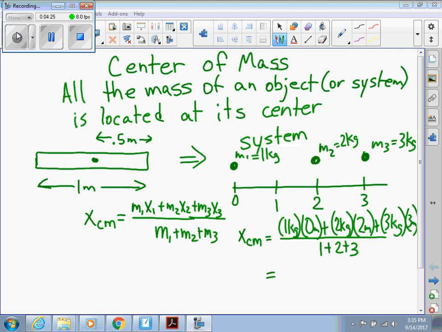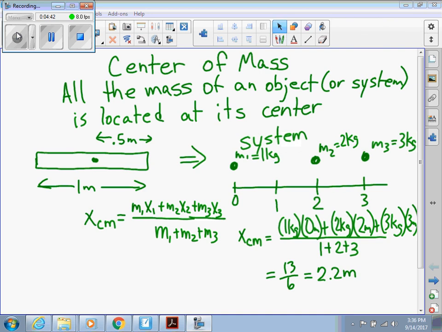When we multiply everything, we have 0 plus 4 plus 9, which gives us 13 over 6, which gives us a center of mass at approximately 2.2 meters.